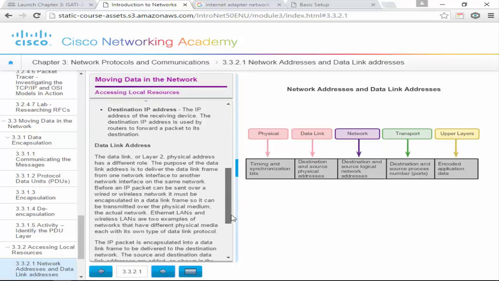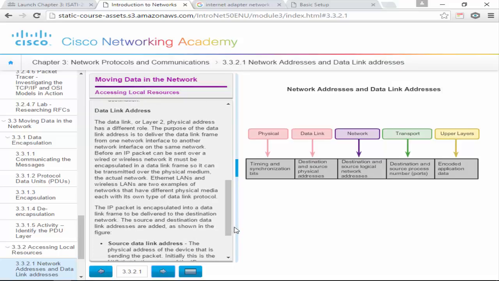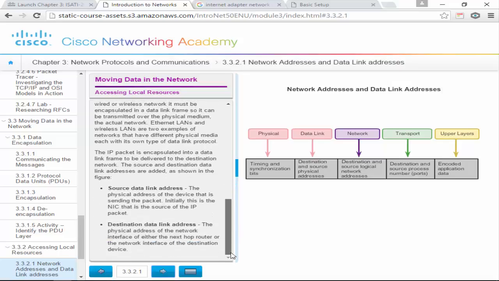Okay, then we have the data link, the layer 2 addresses, and this is the address that's used by switches. The network addresses are used by things like PCs and routers, which are layer 3 devices. Switches are layer 2 devices, and so they use the data link address. This is also called the MAC address, or the physical address, and it has a source data link address and a destination data link address.